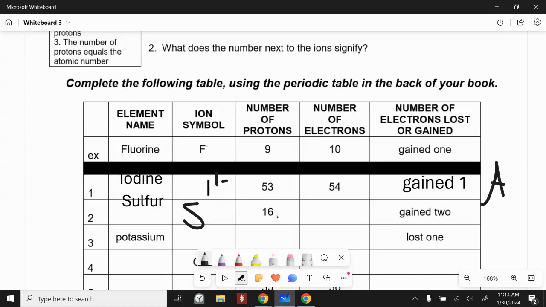Now, if I have 16 protons and I've gained 2 electrons, that means I have now 18 electrons. Now, if I've gained 2 electrons, it means I am more negative now. So if I'm more negative, that makes me an anion. And I've just put a 2 with a negative symbol. That is my charge.